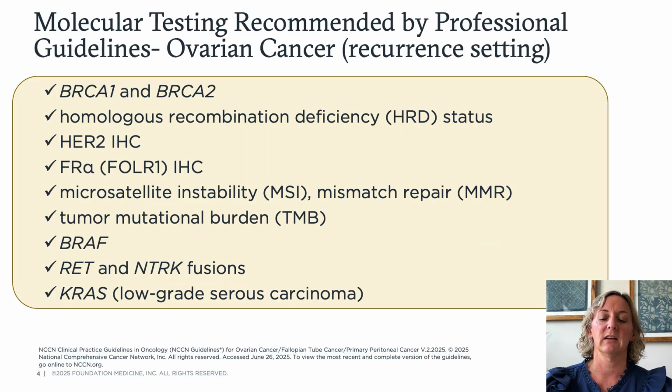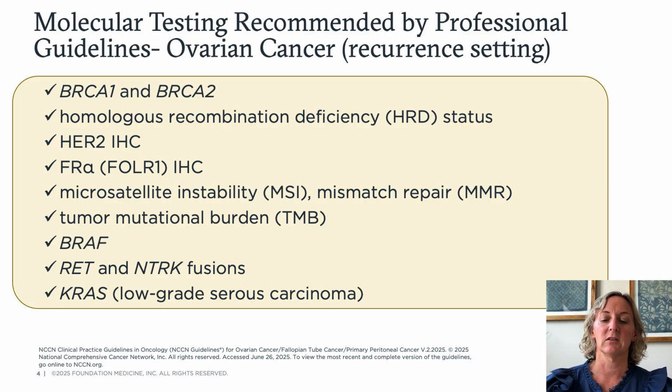In the recurrent setting for ovarian cancer, professional guidelines emphasize a broad range of molecular testing to help guide treatment decisions. BRCA1 and BRCA2 remain central, both for hereditary risk assessment and because of their strong therapeutic implications with PARP inhibitors. Closely tied to this is testing for homologous recombination deficiency, or HRD status, which further refines treatment strategies.